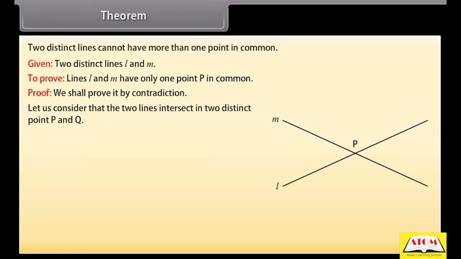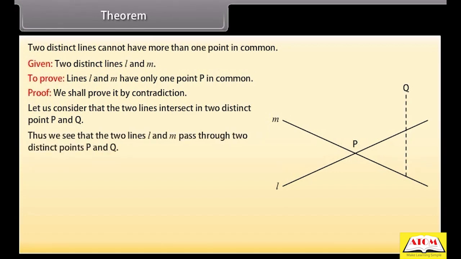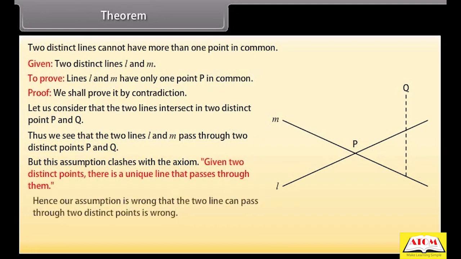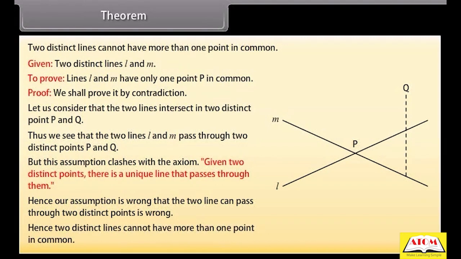Let us consider that the two lines intersect in two distinct points P and Q. Thus, we see that the two lines L and M pass through two distinct points P and Q. But this assumption clashes with the axiom: given two distinct points, there is a unique line that passes through them. Hence, our assumption that the two lines can pass through two distinct points is wrong. Hence, two distinct lines cannot have more than one point in common.